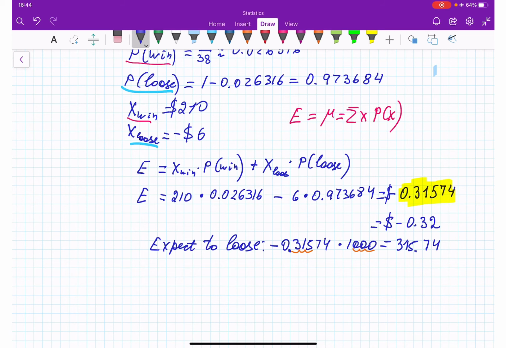Now the question doesn't ask to put a negative sign. It just asks how much you lose, so you don't put a negative anymore because it already says lose, meaning you are losing. So I take off this negative sign: $315.74.